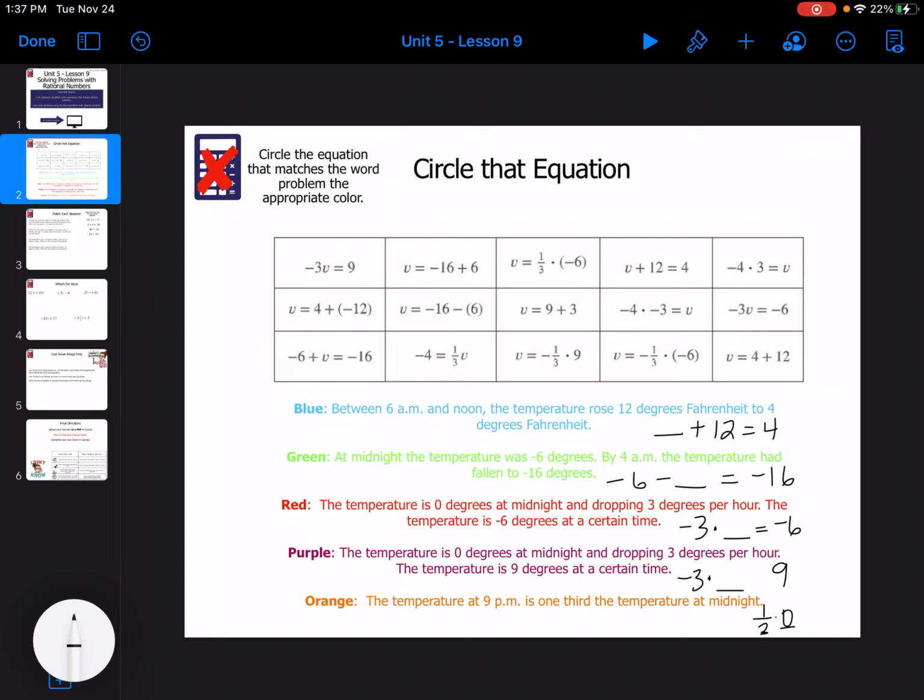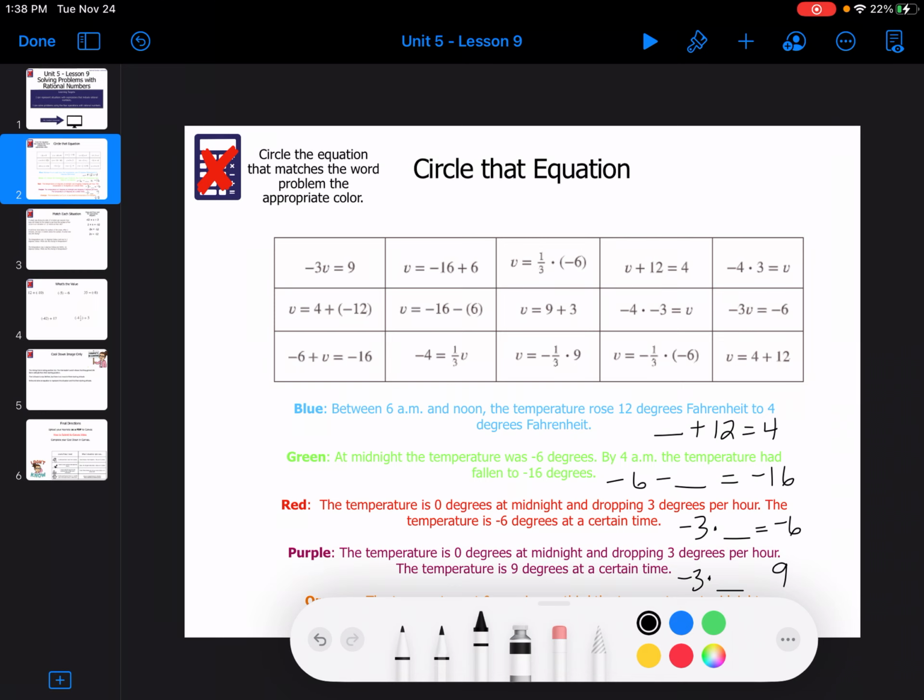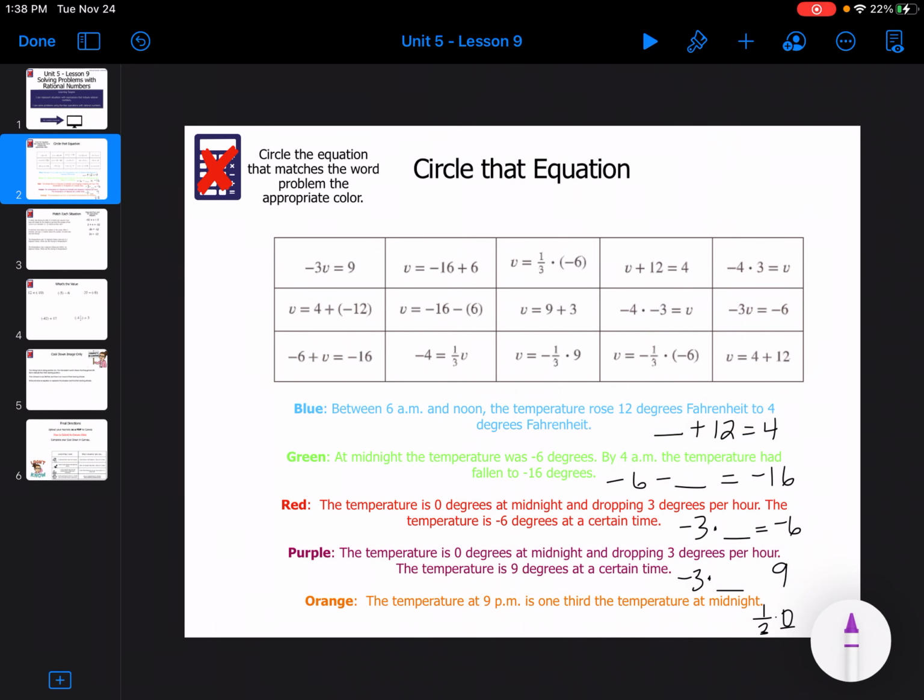Okay, so if I look at my options, what do I got? So I see right off the bat that the first one's going to be purple. So I'm going to get my coloring stuff. Okay, the next one, -16 plus 6.